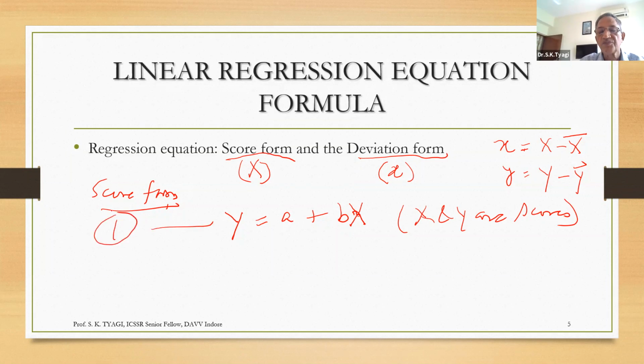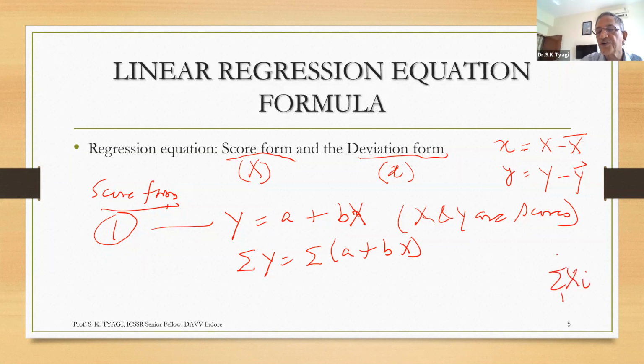Now from this, we will come to the equation in the deviation form, and this will involve a bit of mathematics. So first of all, I take summation over both sides. Sigma Y is equal to sigma of a plus bX. See, x and y are variables and they have more than one value. So I am not using the terminology xi.